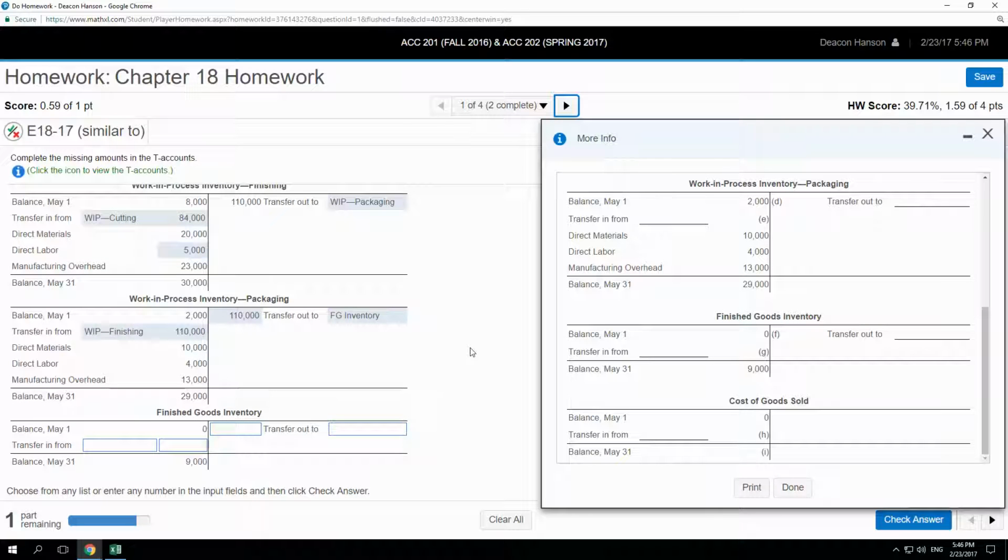Now it's coming in here, so it's being transferred in from packaging, 110,000. Okay. And then we can do the same thing. We can derive how much is transferred to cost of goods sold. Okay, so this one is easy. Just take 110 minus 9,000. So you got 101,000 transferred to cost of goods sold.